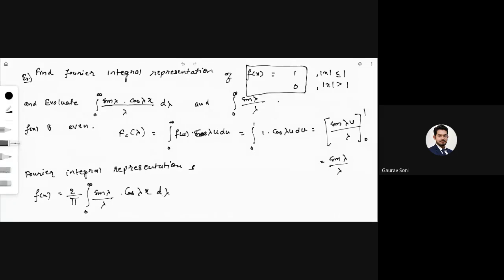This is the formula for the inverse Fourier cosine transform.